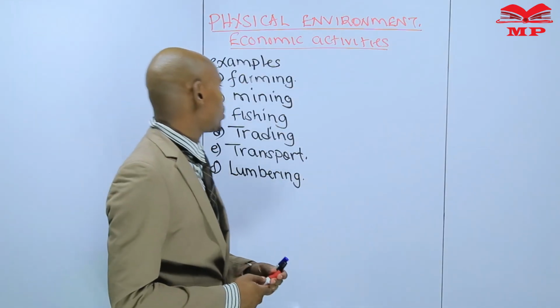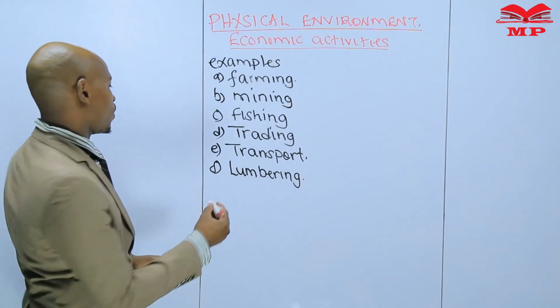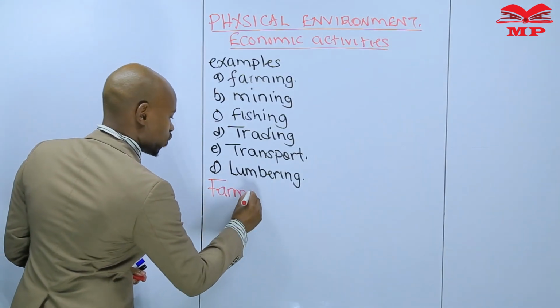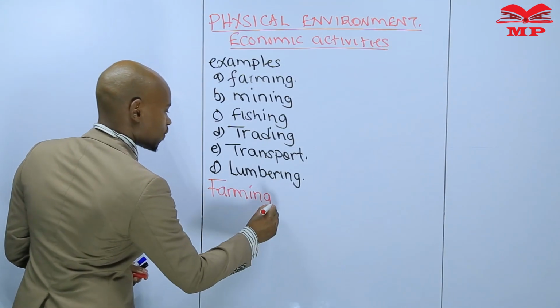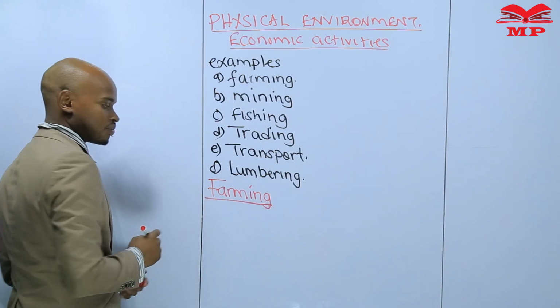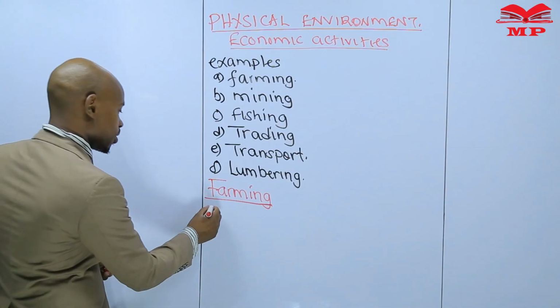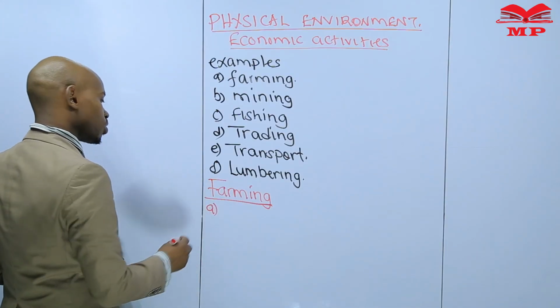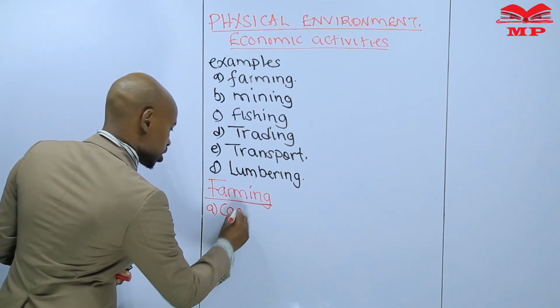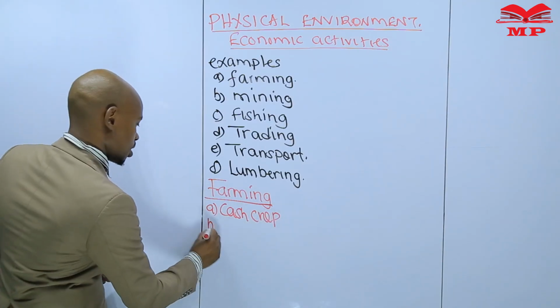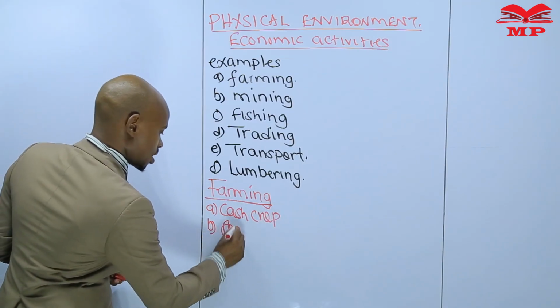Now, to start with farming, let's explain farming and what you're supposed to look for when it comes to farming as an economic activity. For one, there are so many types of farming. Number one, we might have cash crop farming.